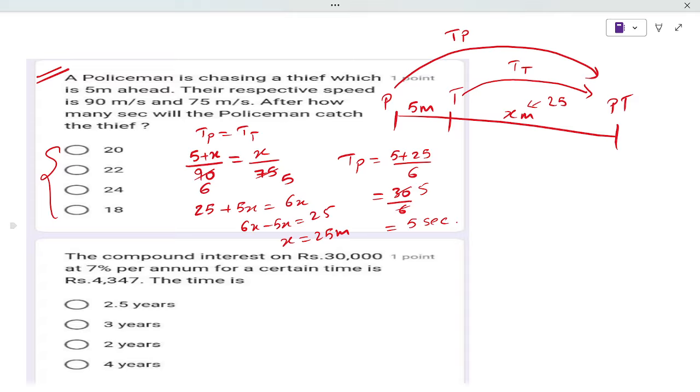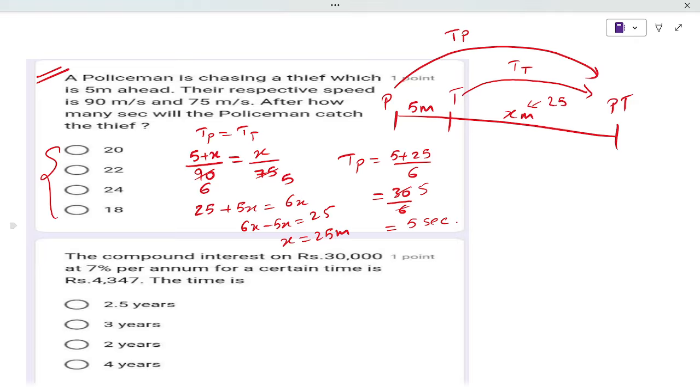After how many seconds will the police catch the thief, 5 meters ahead? Let's cross check once again.